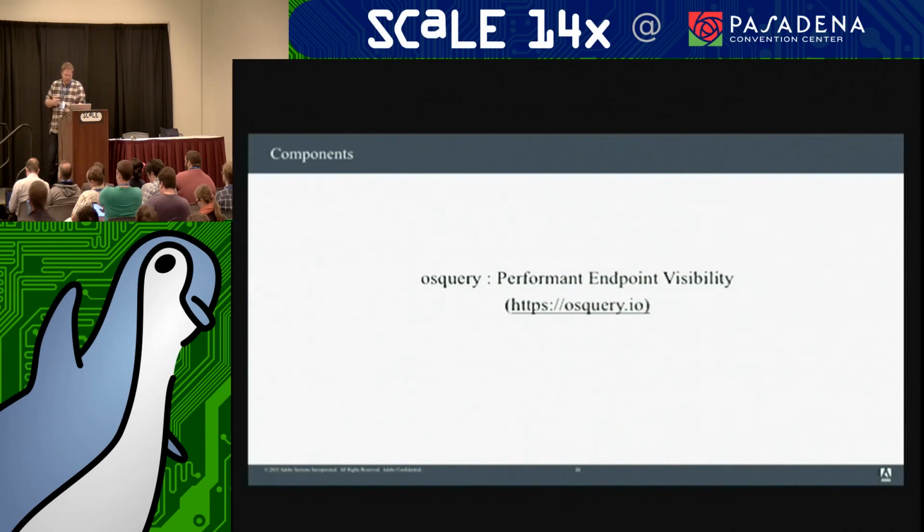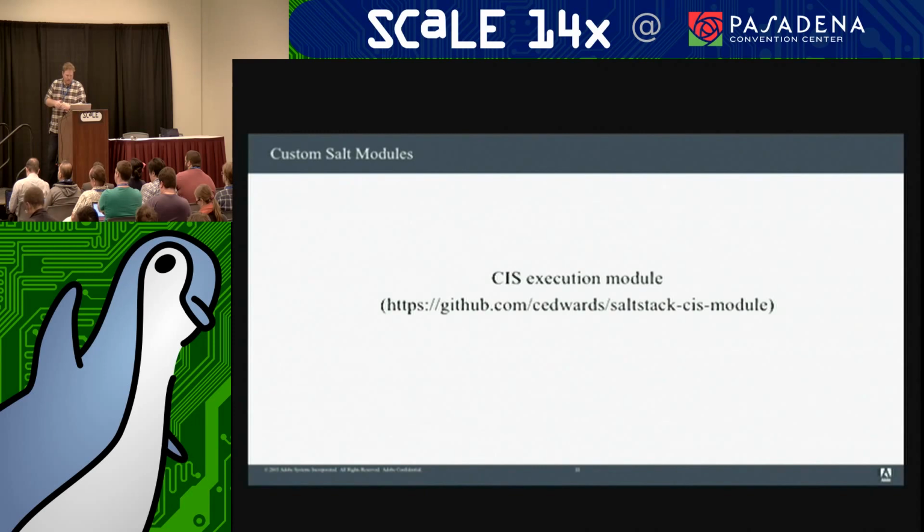Now, to go back to the first component, the CIS execution module, when I first gave this talk back in August, I hadn't quite open sourced it yet, but it is available on my GitHub now.